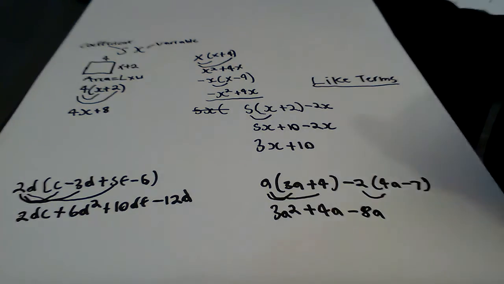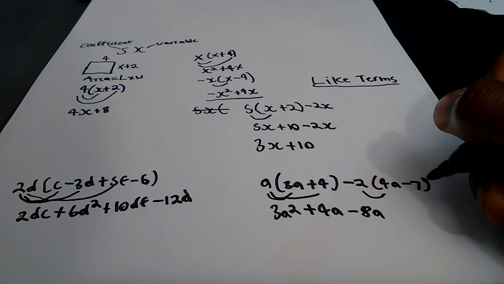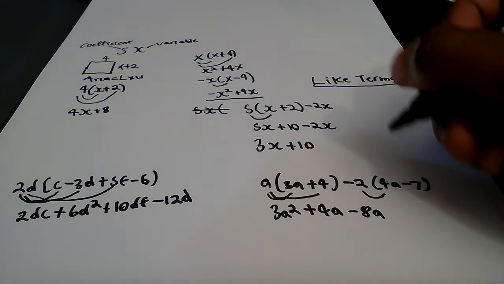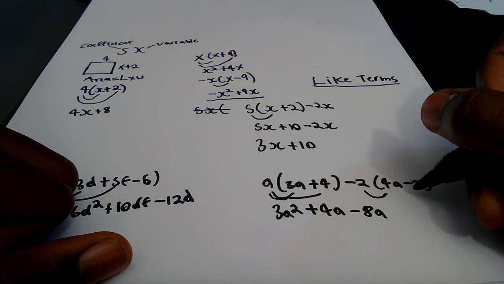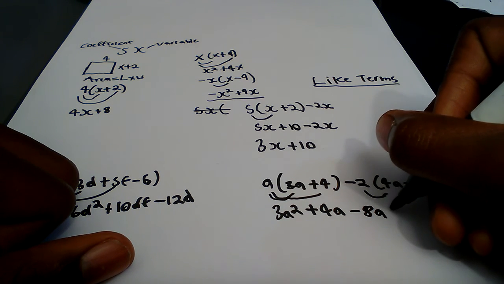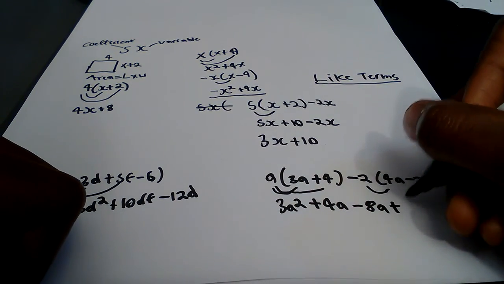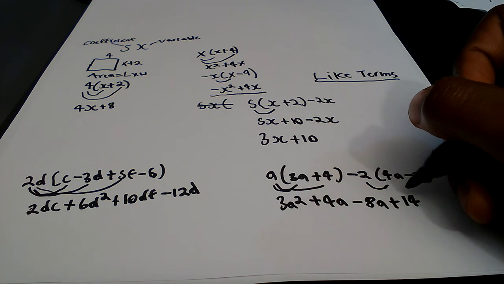Okay. Simple as that. And then we can do negative 2. So a negative number times a negative number will be what? A positive number. So 7 times 2 will be 14, okay? Because it's a positive number. Plus 14. That's correct.